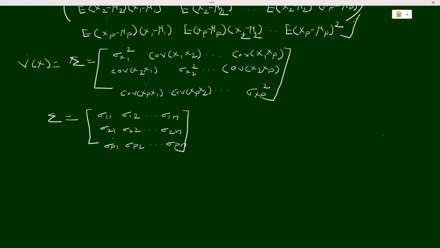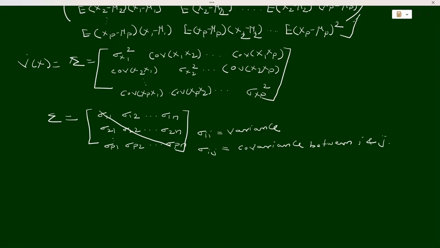These are the diagonal elements, so sigma ii will be considered as the variance part. And off diagonal elements, that is sigma ij, will be considered as the covariance between variable i and j.